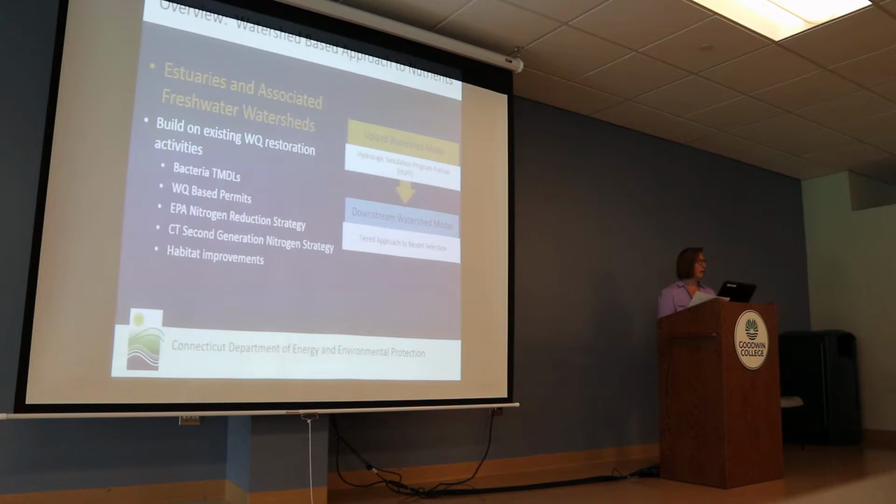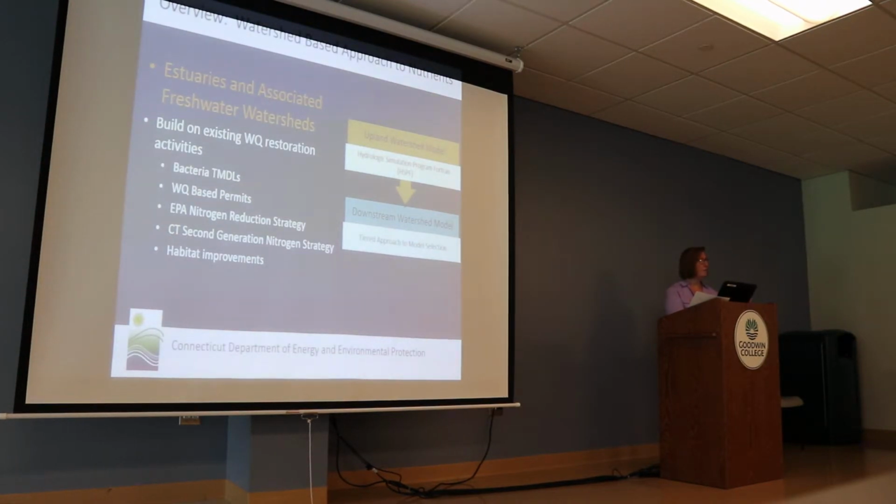We think that this model and this paired model of upstream collaboration to downstream embayments works very well with other Long Island Sound activities going on, like the EPA's nitrogen reduction strategy, and Connecticut's second generation nitrogen strategy. Some habitat work that's been going on.